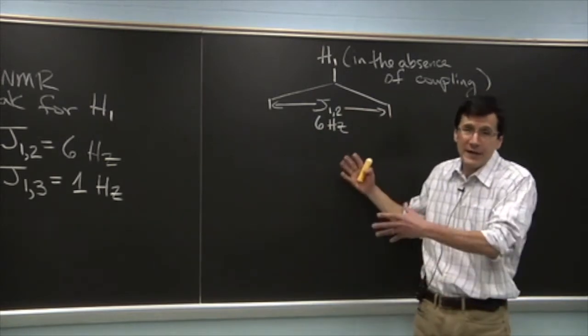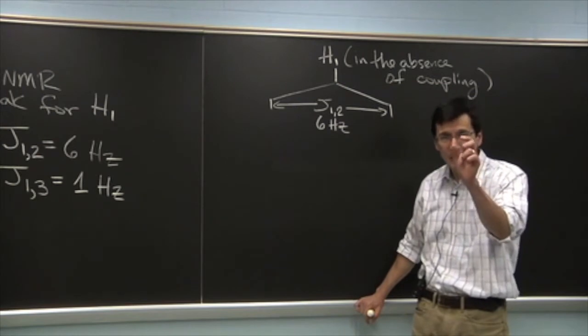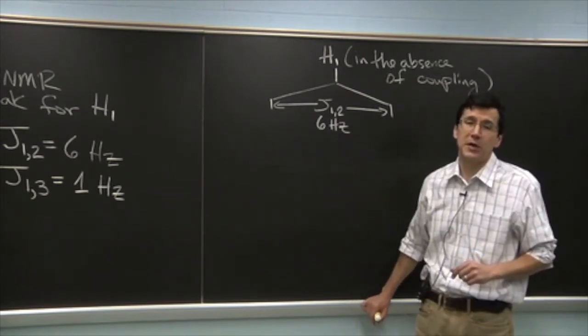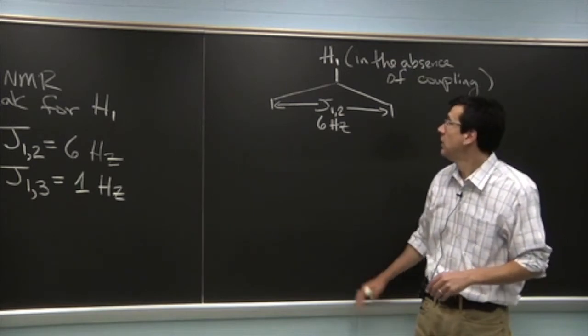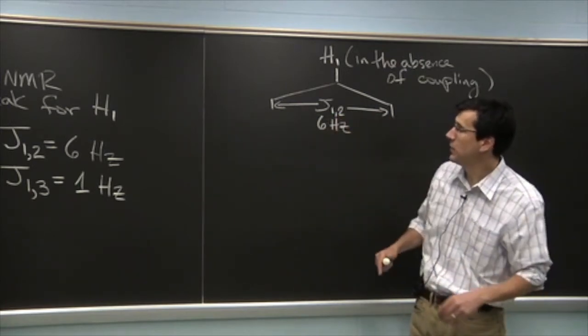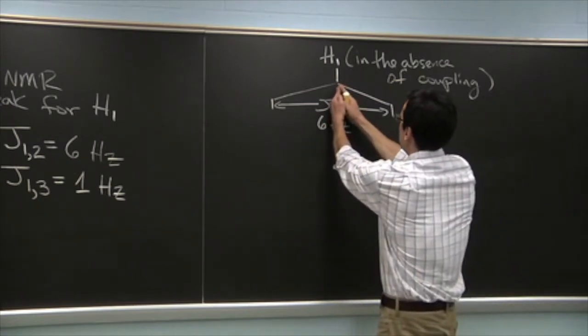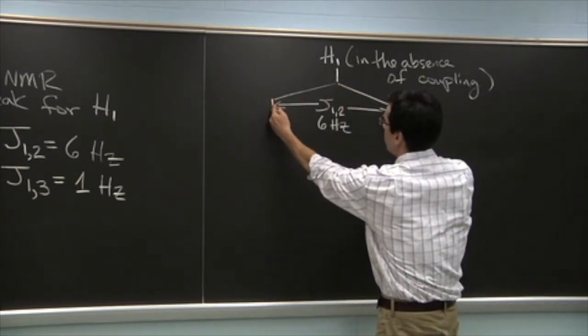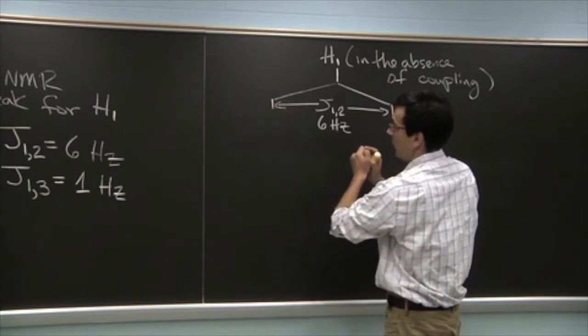If you get some graph paper, you can do it with each little block on your graph paper being 1 hertz. Then you can keep everything more or less to scale. Otherwise, I'm just doing it freehand here. But the splitting here, we would go an equal distance this way, equal distance that way, so that this splitting now is 6 hertz.